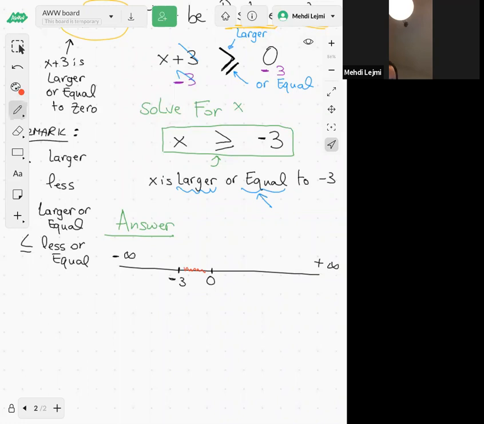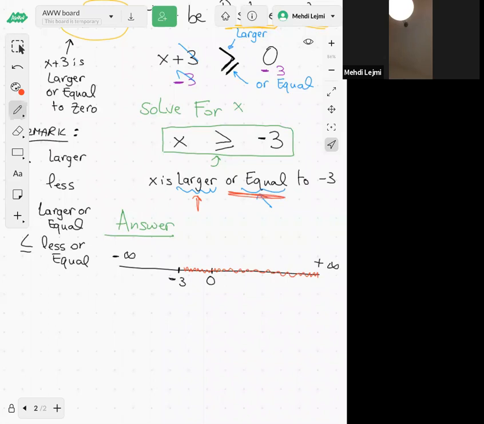And so this is larger or equal, so I need to include the negative 3, because my input x can be equal to negative 3, right?